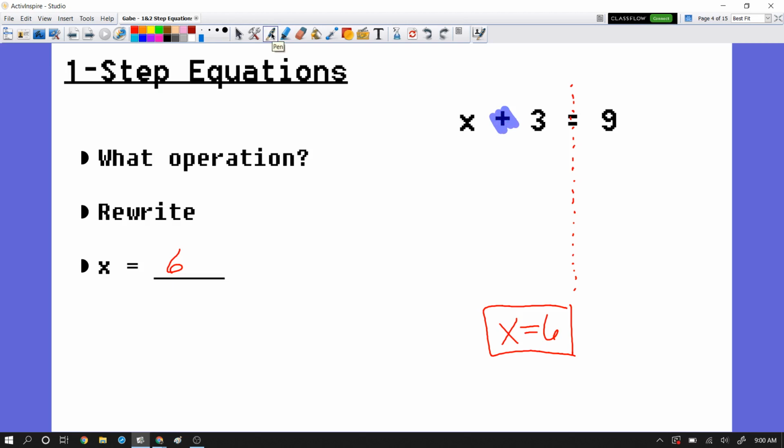Like, what are you seeing? And we know that because we can't do x plus 3, that means we're going to have to solve it in reverse. So that means x had 3 added onto it. So what operation was adding? What are we going to do? Subtract, because we got to work it backwards. So let's get rid of that 3.